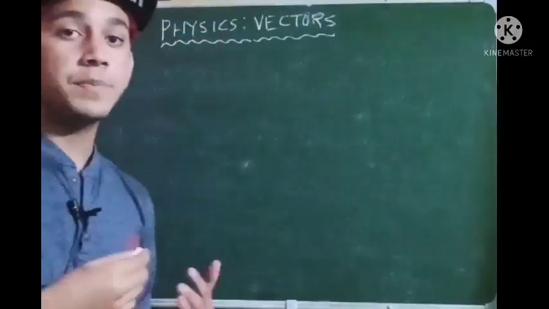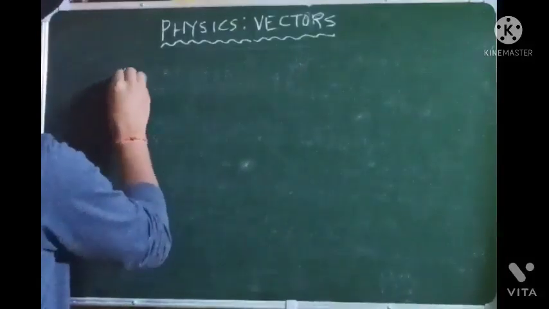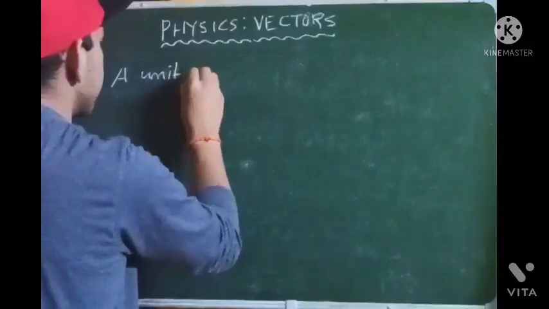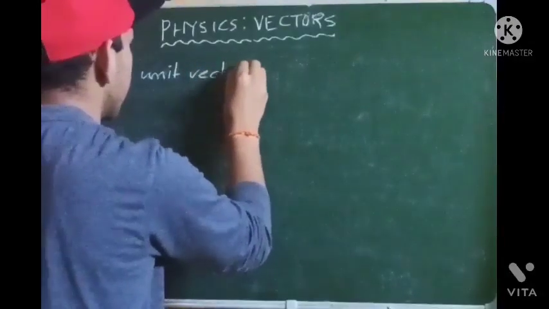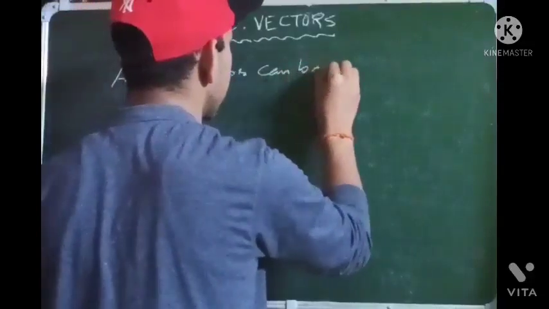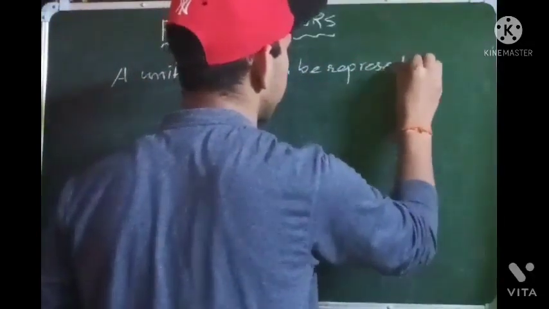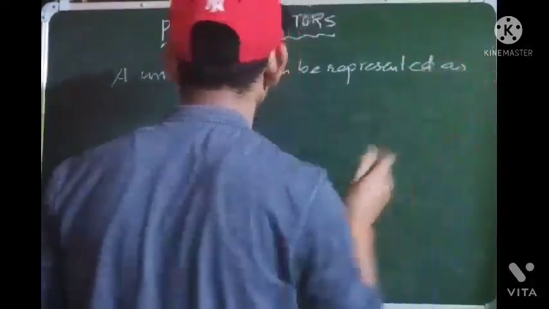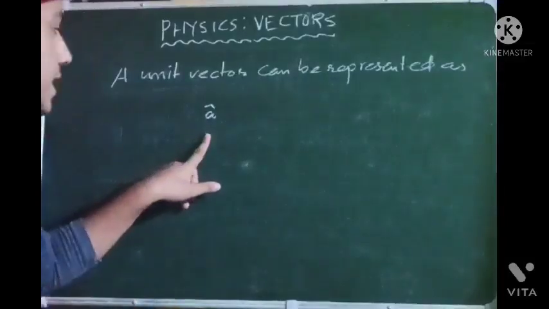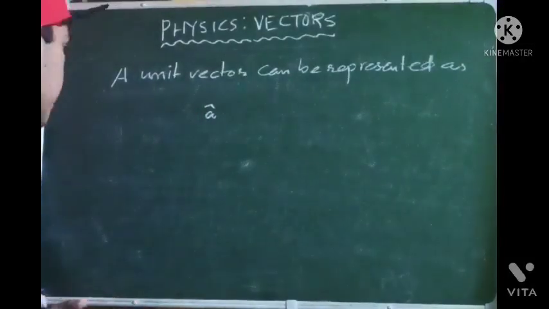Now we will see representation of unit vector. A unit vector can be represented as a cap. It is read as a cap, and a cap suggests that this vector is a unit vector.